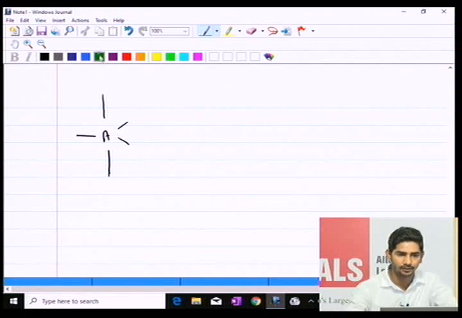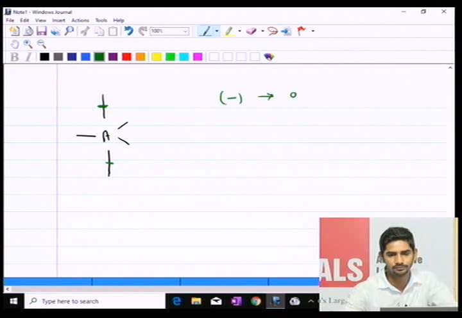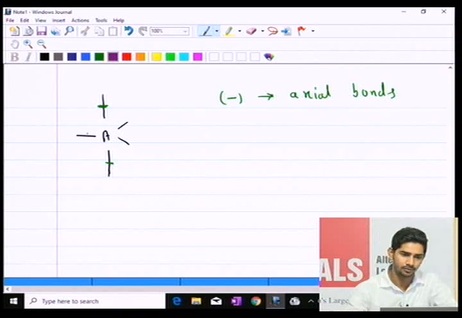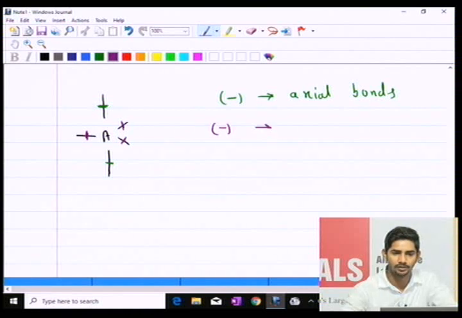Guys, these bonds with the green dashes are known as the axial bonds, and the bonds with the purple dashes are your equatorial bonds.